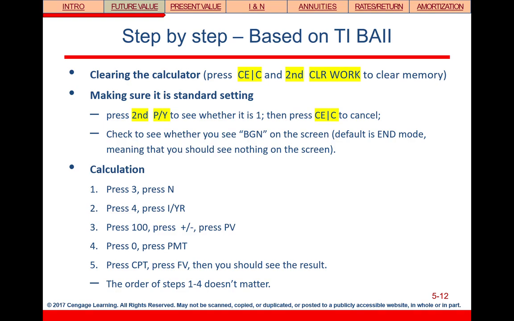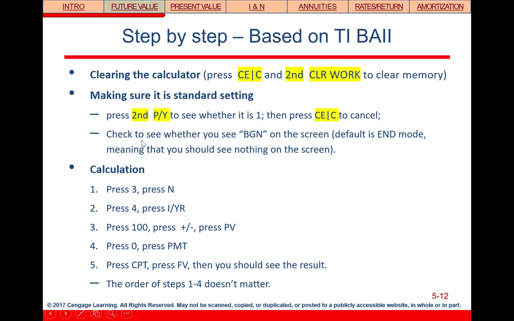If you see P/Y equal to 1, this is the standard setting, at least in terms of period. It means that each period is 1 year. After it's shown there, press clear work to go back, and press it again. After you press clear work, you should see 1, and after you press it again, you should see 0. So now it's back to 0.